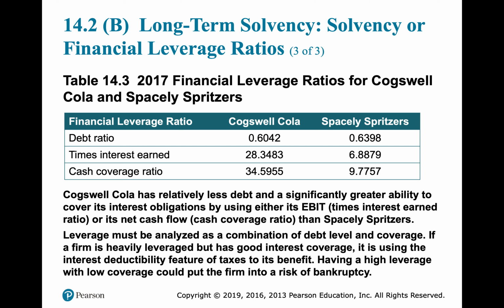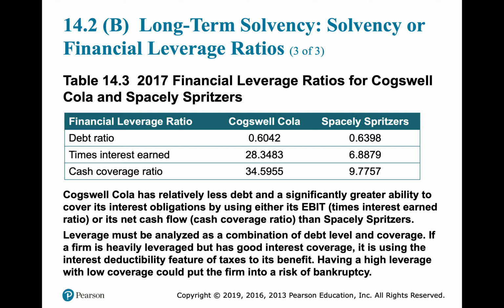And we can say the same thing for the figure just beneath that, for the cash coverage ratio. Cogswell can, if you include their depreciation expense, which is really a write-off, which means it doesn't really impact their cash. So if you consider all cash generated for that operating year, they could actually satisfy their interest expense 34 times over, as compared to only 9.7 times over for Spacely.